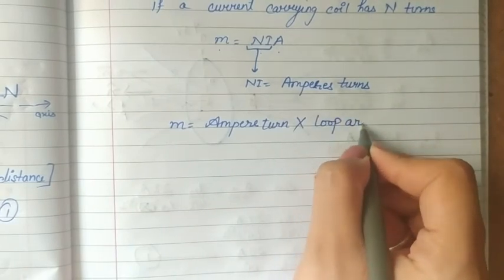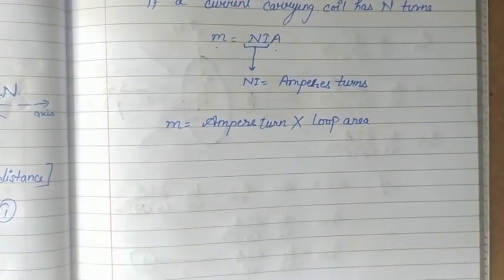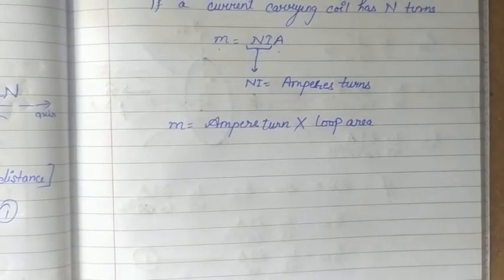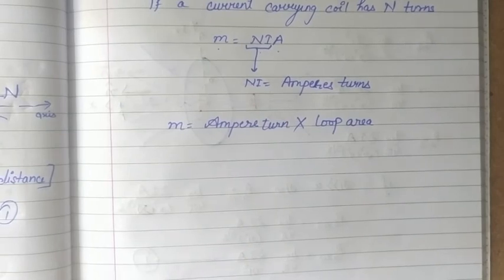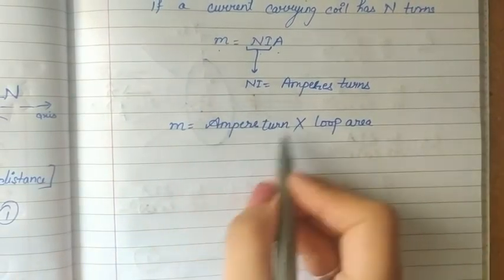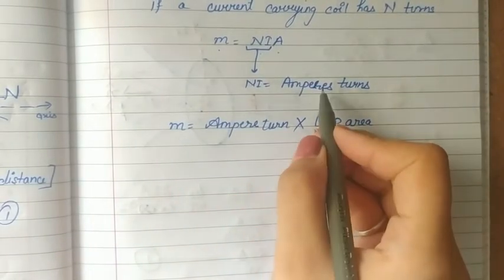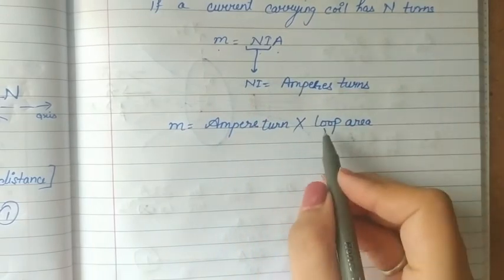If we find the dimensions of magnetic moment, the unit we wrote in our previous video was ampere meter square. It comes from this formula. Ampere turn has the unit ampere because it contains current, and loop area is meter square.